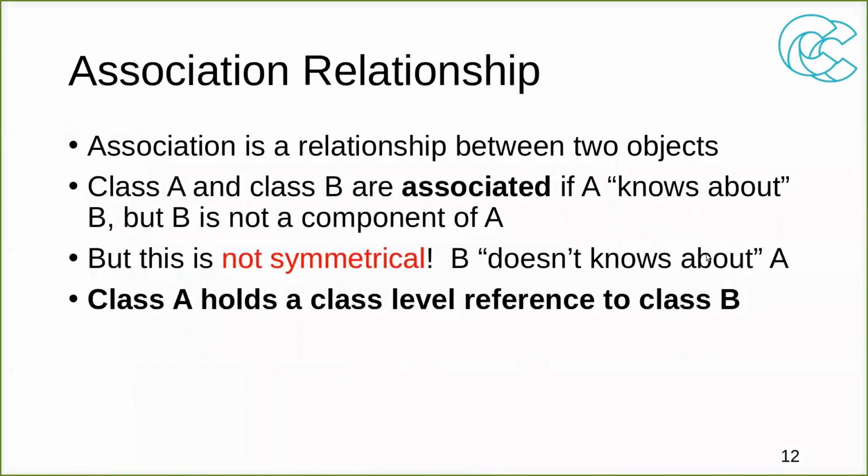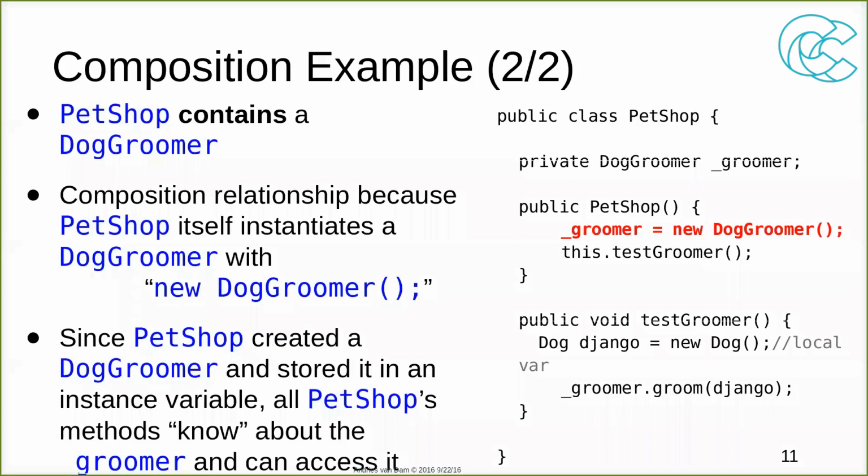I had a doubt for the composition relationship. The object Django of class dog is created by a method which is called by the constructor of pet shop, right? Can we say that the class dog and the class pet shop will also share a composition relationship?